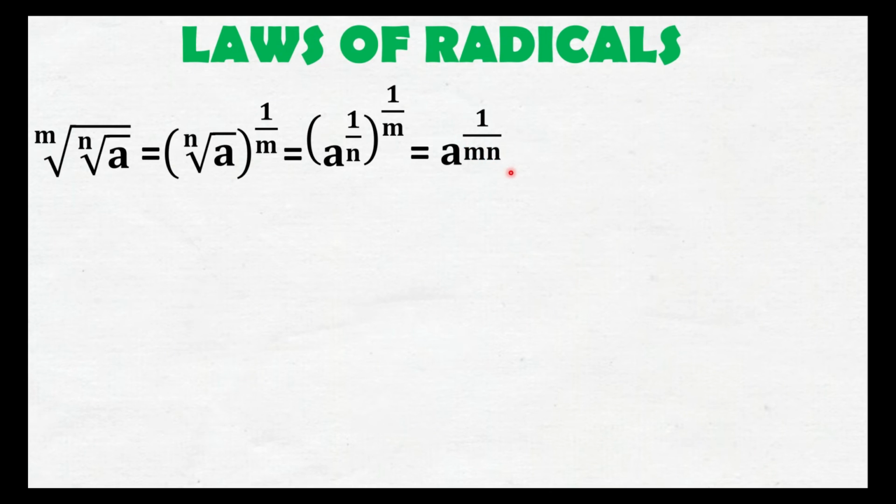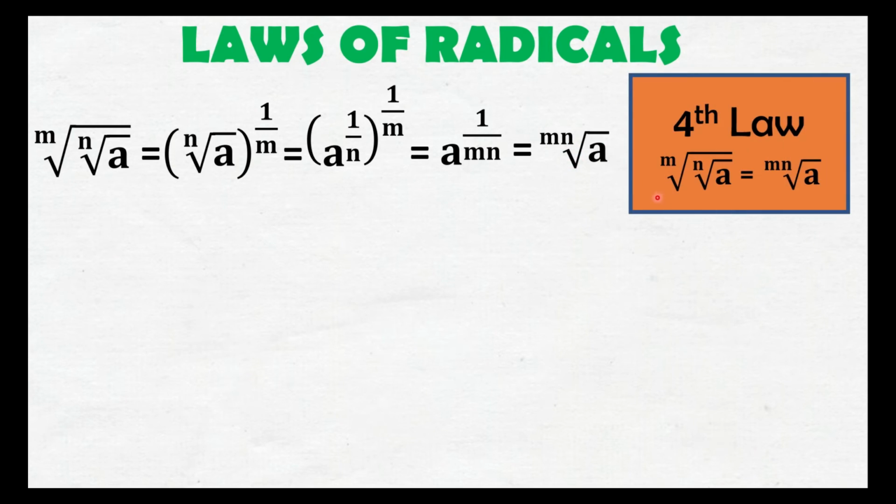And then, pwede natin ulit ibalik ito into radical form niya or radical expression. So, di ba yung denominator ng exponent is siya yung magiging index. So, we simply write mn root of a. Diba? Yung denominator na exponent siya yung magiging index. And then, dito na natin makukuha yung last law natin.